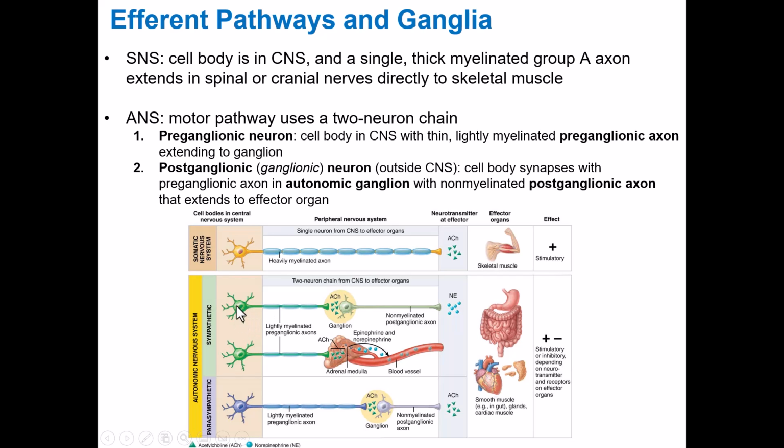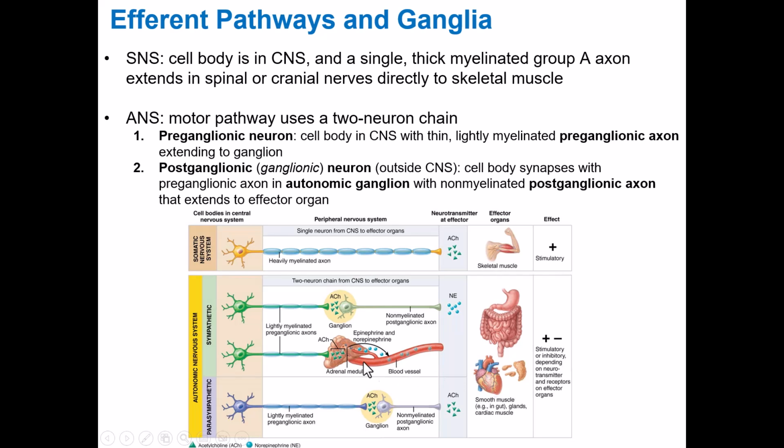The first neuron in that two neuron series, the cell body, begins in the central nervous system, and the axon leaves the central nervous system, probably out through a spinal nerve, maybe a cranial nerve. And then it synapses somewhere outside of the central nervous system with the second neuron in the series, and it's the second neuron that reaches the effectors.